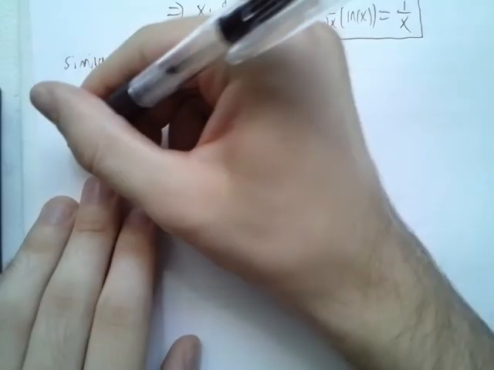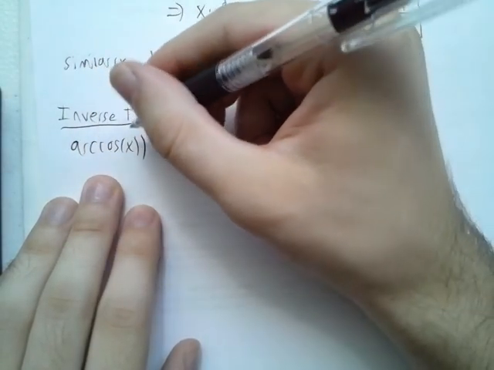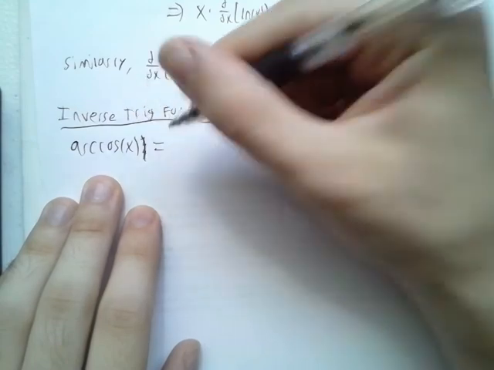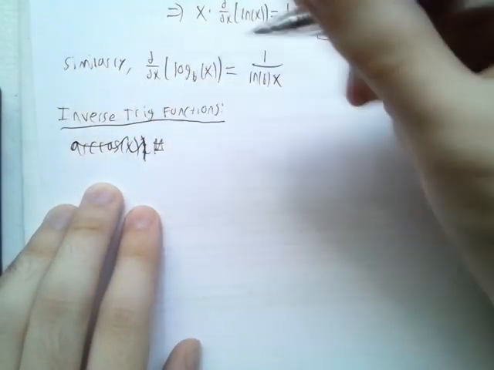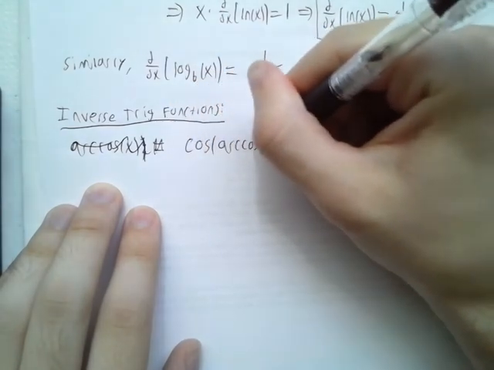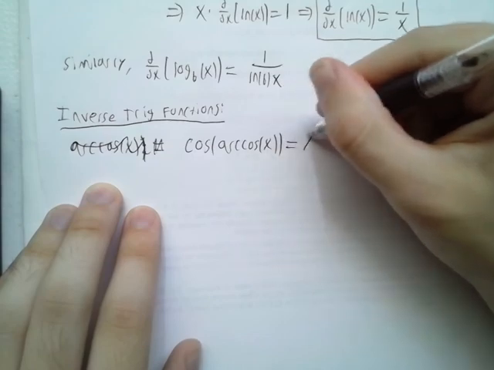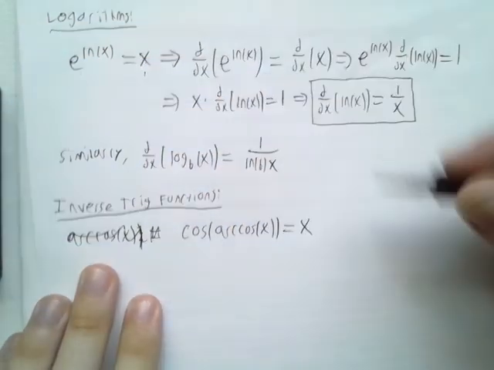Well, we have to say cosine of arc cosine of x is equal to x. So that's our starting position, analogous to this first equation here.